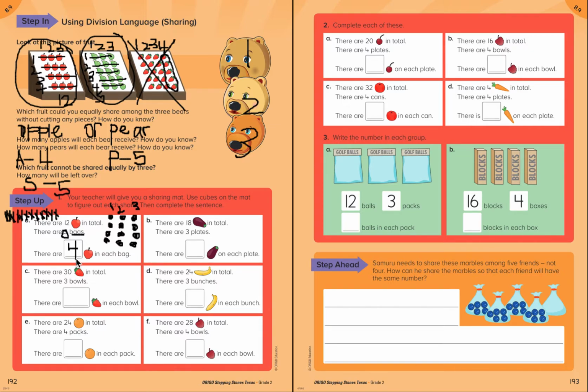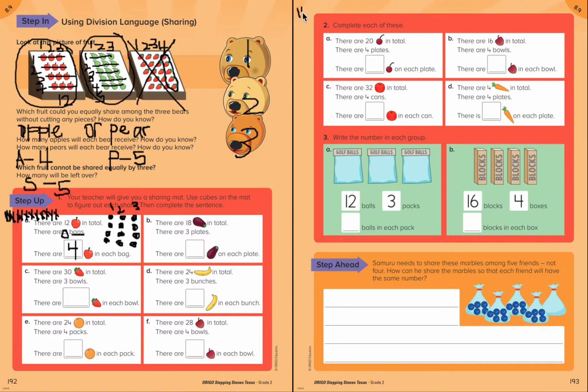The next one says complete each of these. There are 20 cherries in total. There are 4 plates. So just like I did in the first one, I'm going to draw my tallies. I need to have 20 total.